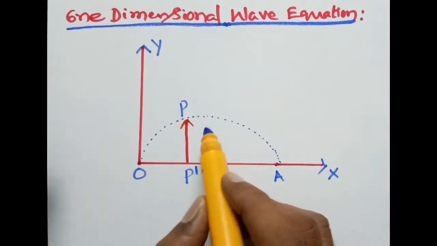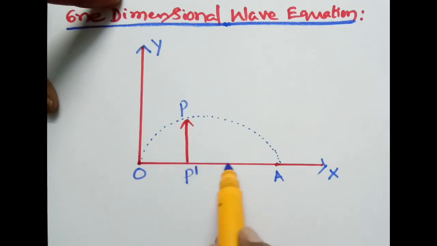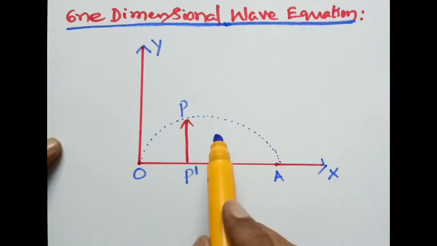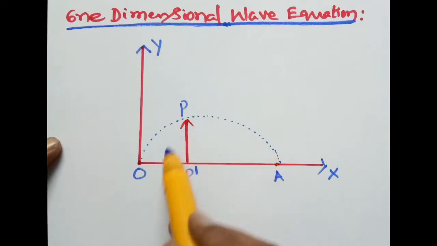Now we shall find the displacement y as a function of the distance x and the time t. Therefore, y is a function of x comma t.